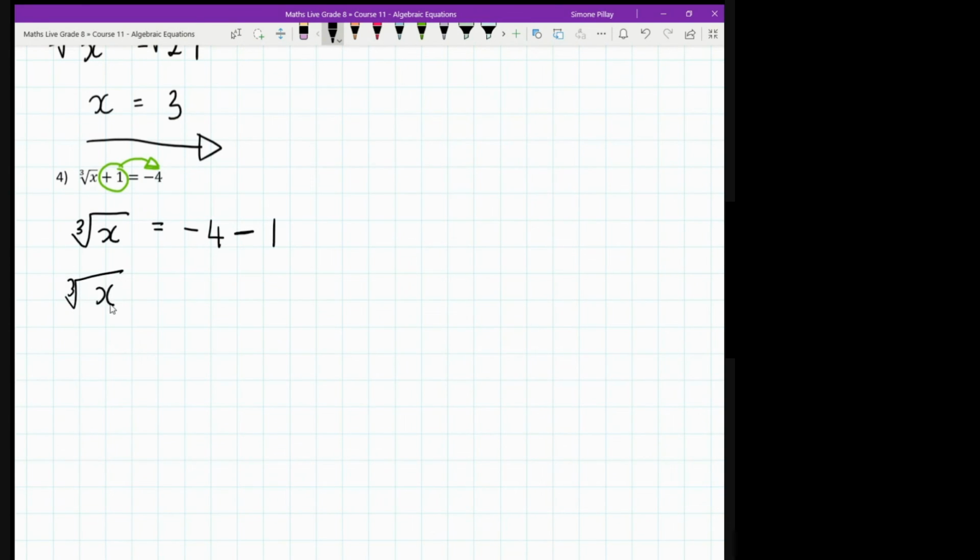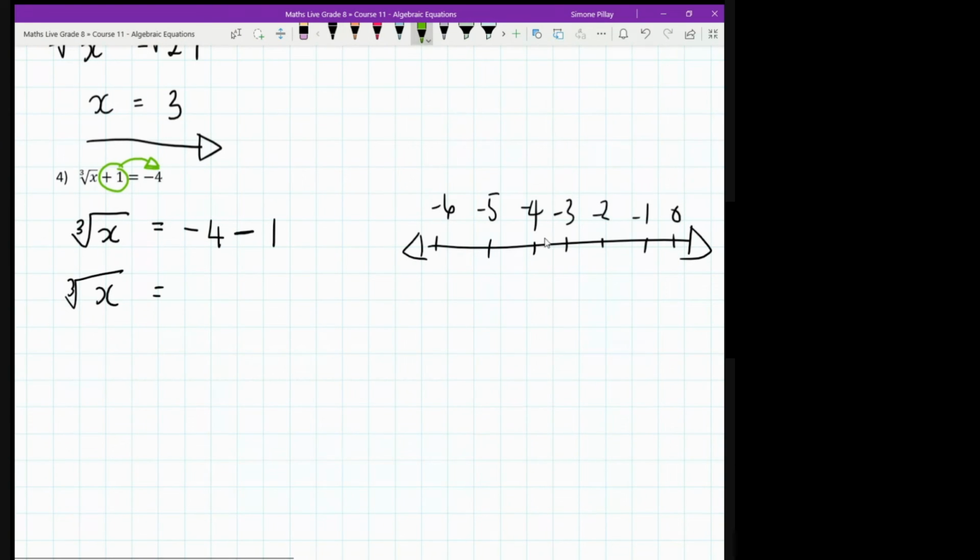Cube root x equals, remember, if you do a number line, if I make this 0, -1, -2, -3, -4, -5, and -6, I'm starting at -4. I am subtracting 1. When I subtract on the number line, I move to the left. And I saw Umar said in the chat earlier, to the left. 100% to the left.